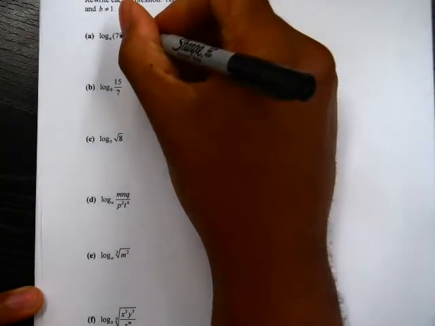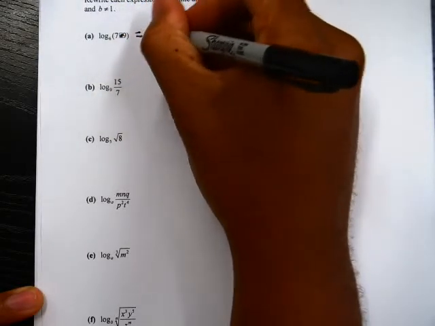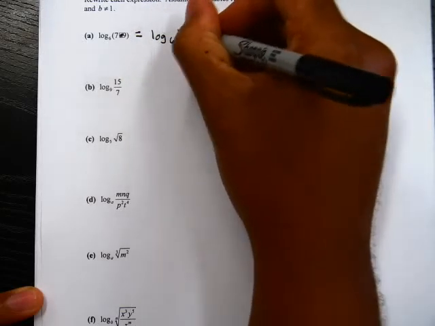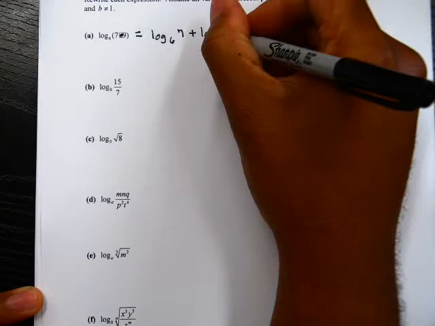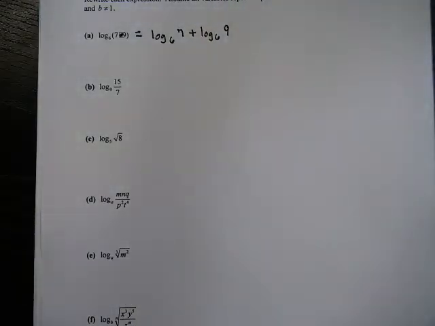I can rewrite this as log base 6 of 7 plus log base 6 of 9. And that is using the product property for logarithms.